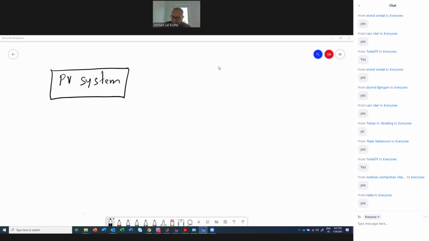And when you come to PV system, basically we can consider two topologies. Here you can see the AC bus, and here I'm going to connect a load.